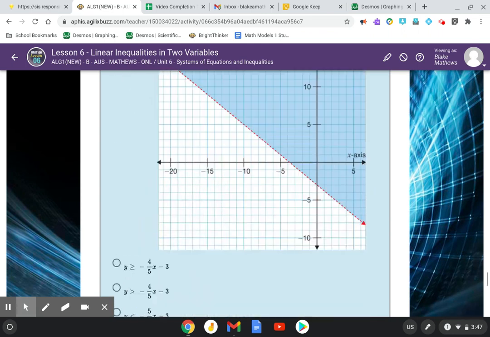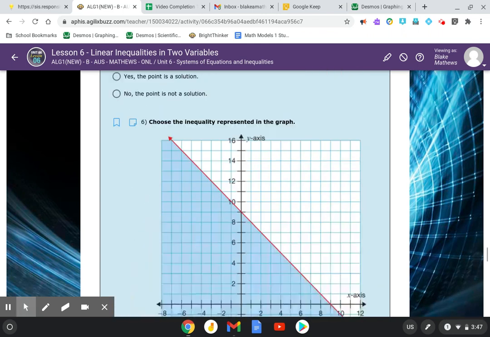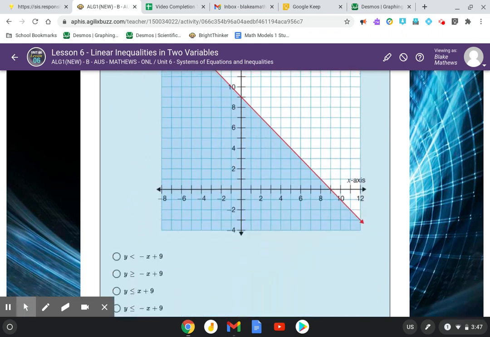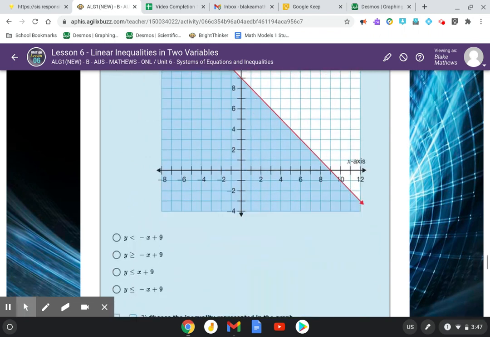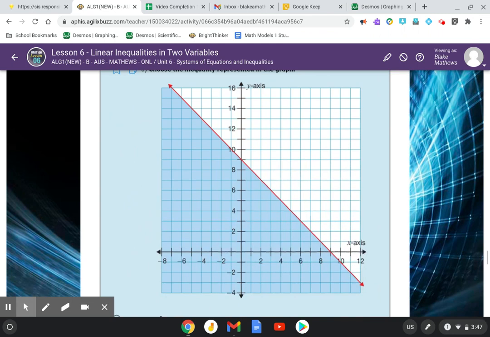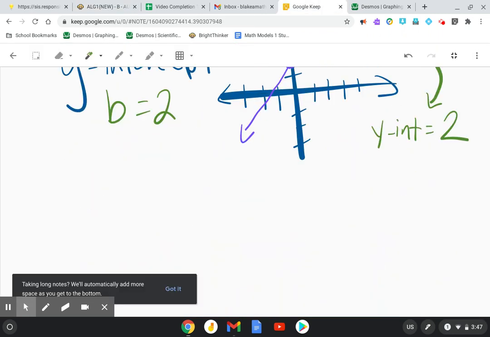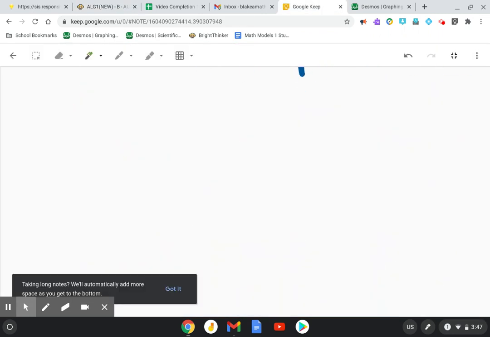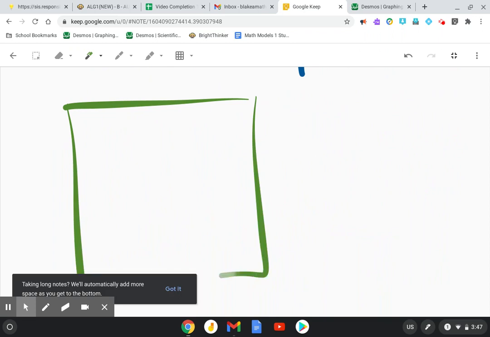We're going to be looking at these different graphs. The other piece of information we need is really just to remember where the shading is. So you basically need to remember that when we're looking at these, and I'll make sure to post a kind of summary of this in the notes. If you have a solid line versus a dashed line, solid lines look like this or like this.